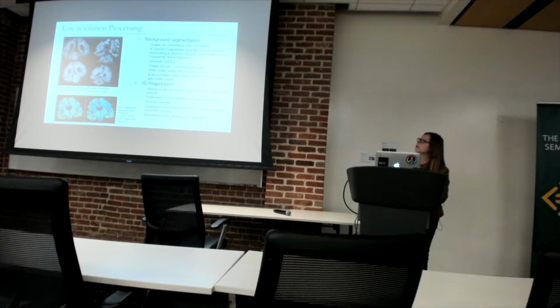Because usually when you try to process the full resolution images that have 20 gigabytes each, you run out of memory, and it's also very time consuming. So some of the preprocessing is performed on the low resolution image, and that's how they look. Some of them are really broken. So it's really hard to align them to the block face, but what you need to do is basically align them.